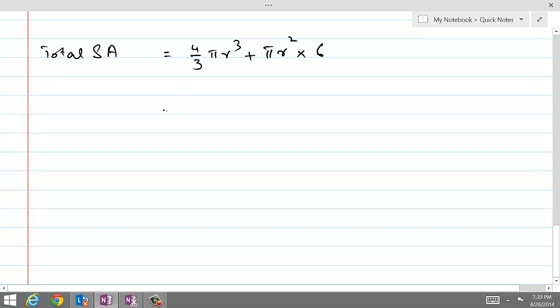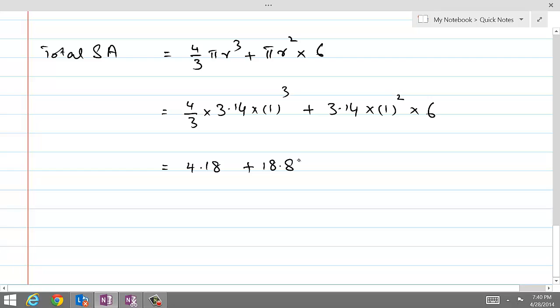So this would be equal to 4 by 3 times 3.14 times 1 to the power 3 plus 3.14 times 1 to the power 2 times 6, and this will give us 4.18 plus 3.14 times 6, which is 18.84.